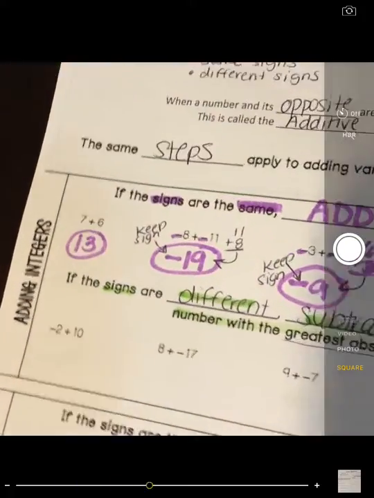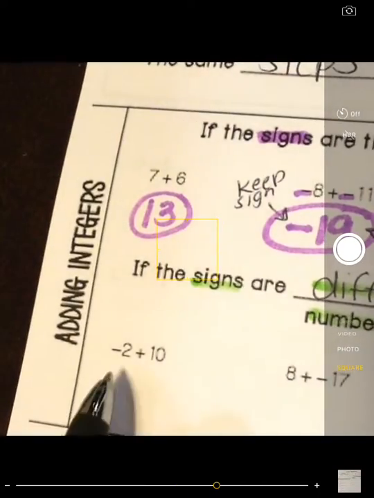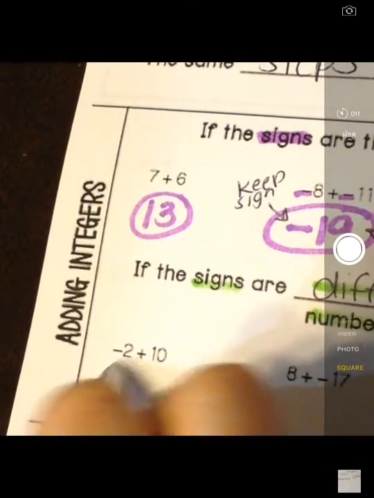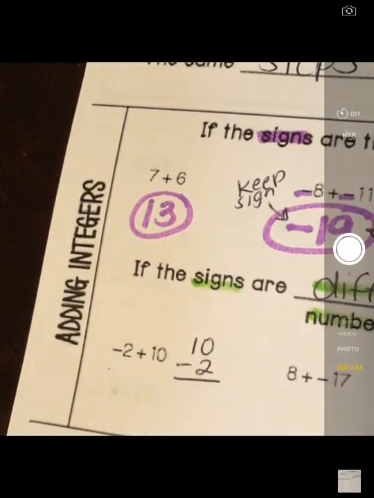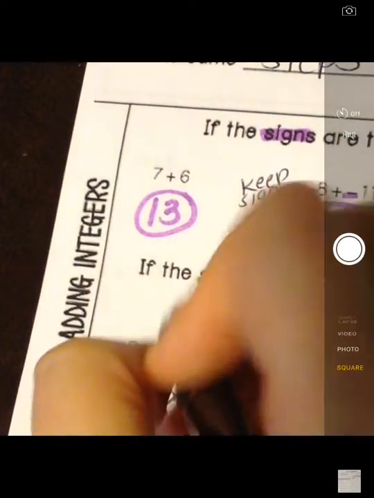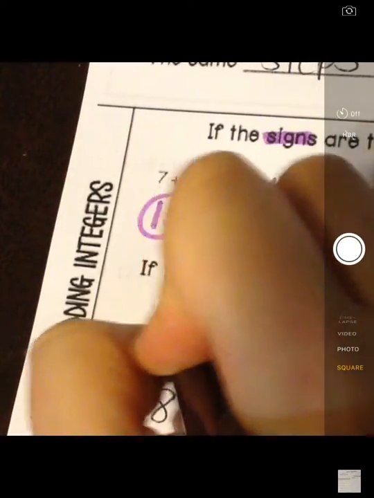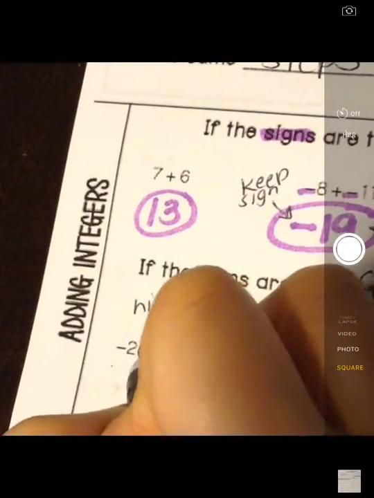So let's look at what we've got going on. I'm going to zoom in again. Different signs, right? -2 and 10. So I go to the side and I do 10 minus 2, which is 8. The 10 has the higher value, and it was positive.